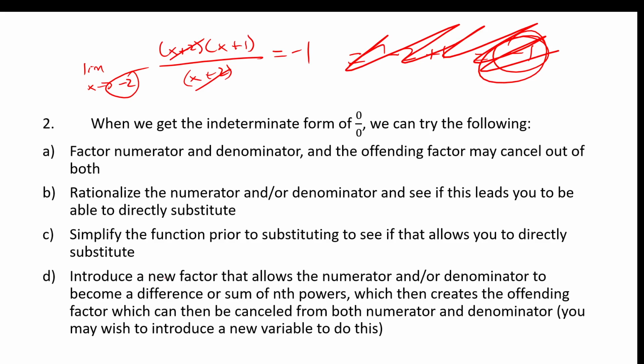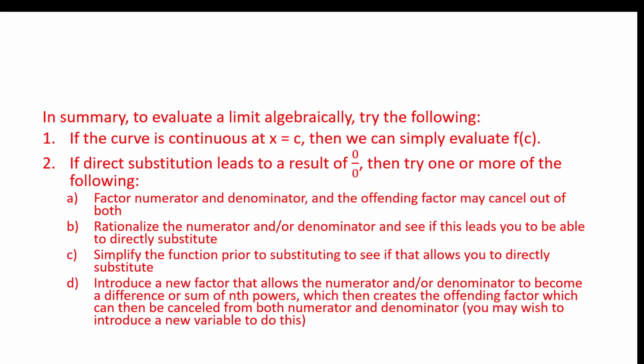And sometimes we're going to introduce a new factor that allows numerator and denominator to become a difference or sum of nth powers, and then that'll sometimes create the offending factor, allowing it to be crossed out in numerator and denominator. So they get a little more complicated as we go, but basically what you see here is a lot of situations with step 2 in front of you where we have holes and we're looking for the y-coordinates of them.